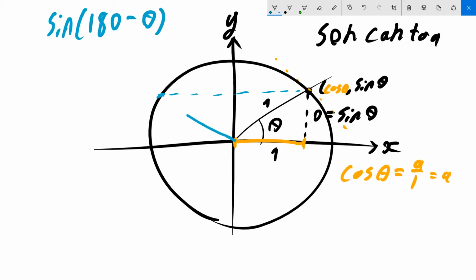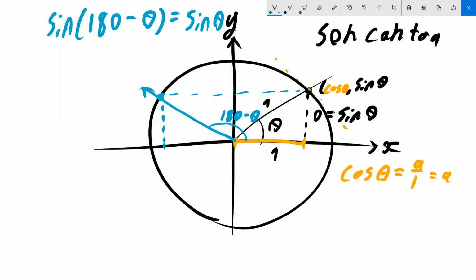And we can draw a line straight off into the distance, and if we want the sine, we want the y value of this point here. Well, in relation to this line here, it's the exact same. So what we're dealing with here now is effectively this blue angle here, 180 degrees minus theta. And now we're starting to see that this is the exact same as sine theta.